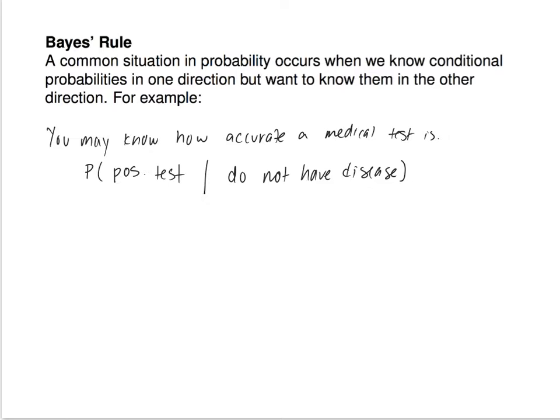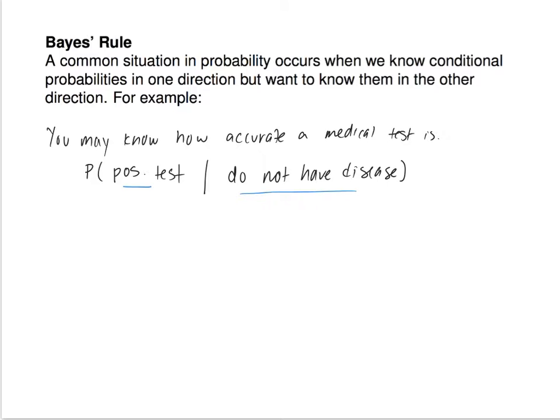Because I generally do trust doctors and researchers, before any kind of test is used for some medical condition, they probably have done some kind of study and have an estimate of this probability. They have to know how often you are going to get positive tests when you don't have the disease. You know how often that should happen approximately.